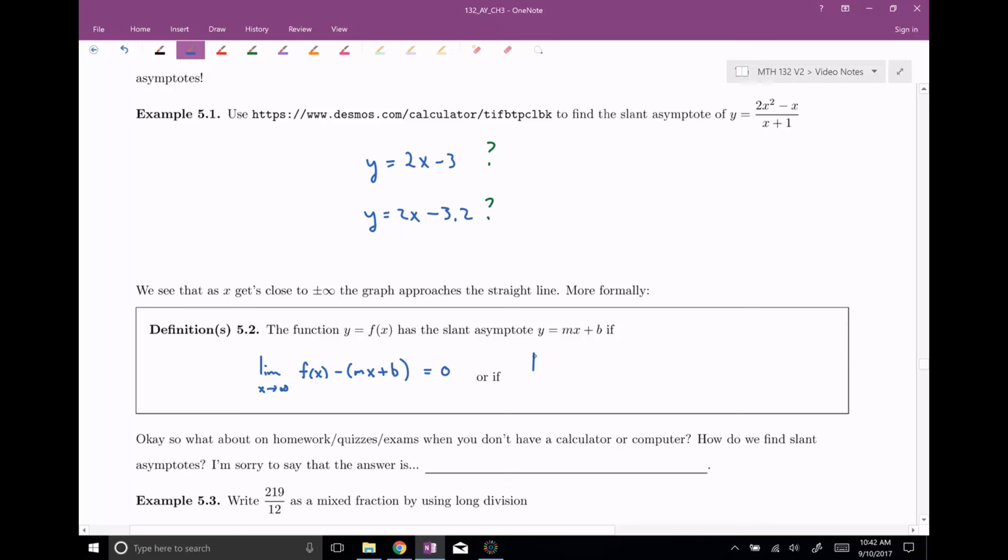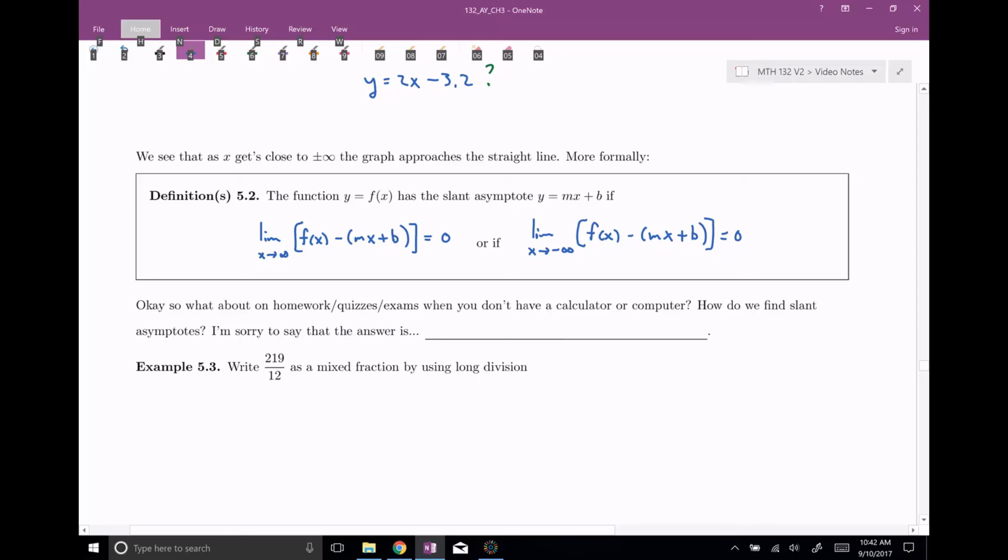Or if the limit as x goes towards negative infinity of f of x minus the line mx plus b, their difference would go to 0. Maybe I'll put some brackets around here to really show that you're taking the limit of both of these things. So this is the formal definition of a slant asymptote.